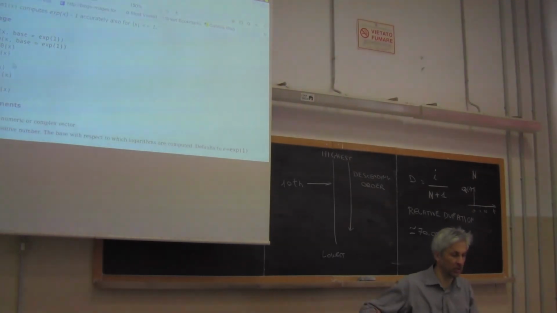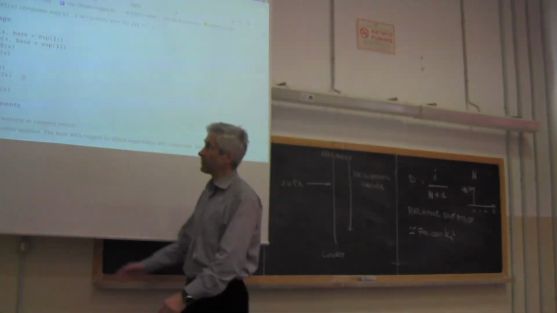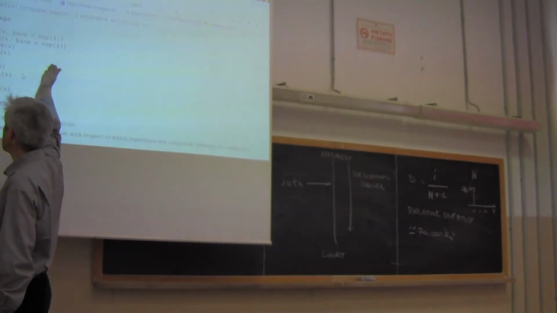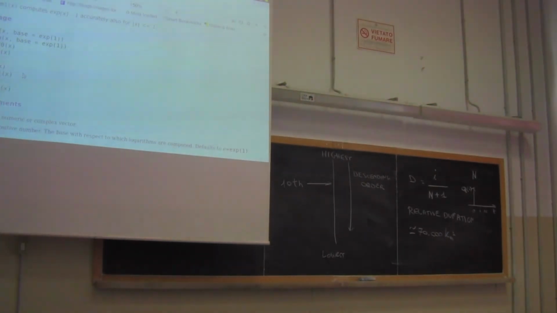I go back here. You see that for log10 and log2, you don't have the opportunity to specify the base. Log1p, I don't know what that is. Let's forget about it.